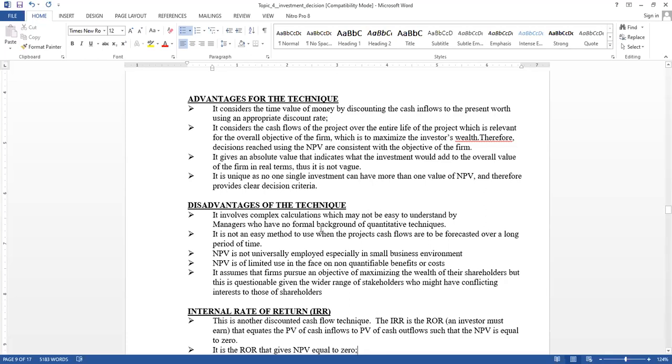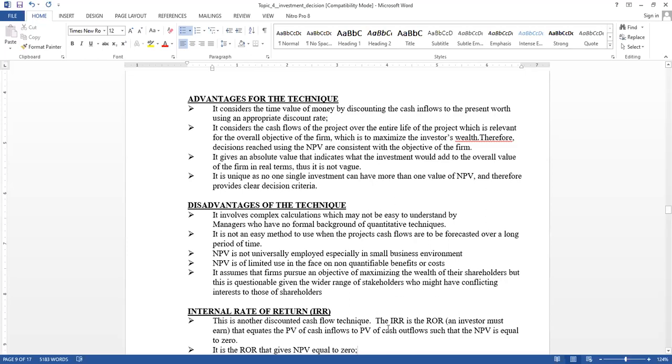Then also it may be difficult to use where the project cash flows have to be forecasted over a long period of time. Then also not actually employed, especially in a small business environment. And it may also be of limited use where you have benefits or costs that may be non-quantifiable.